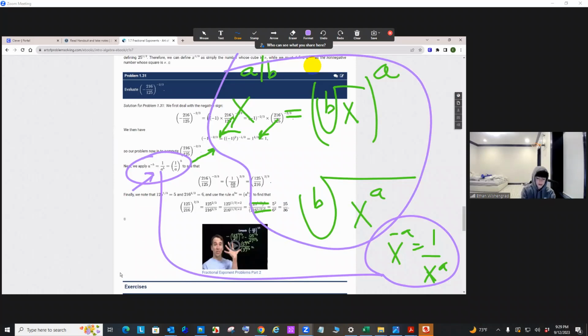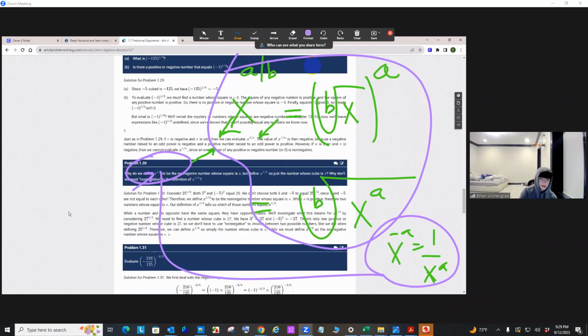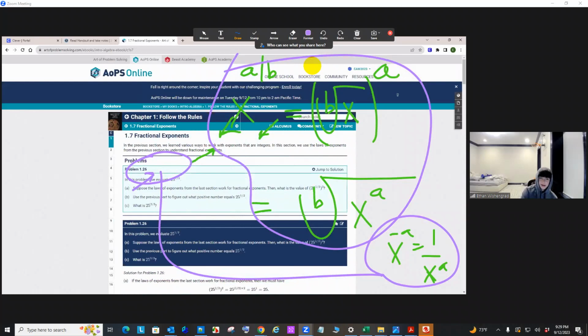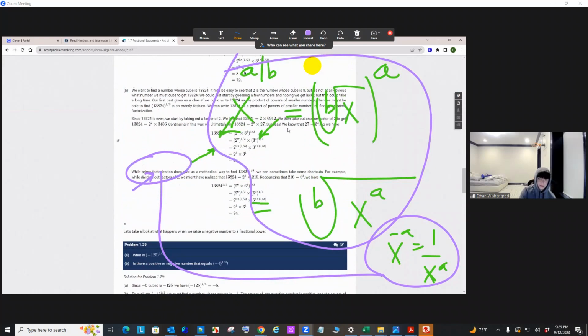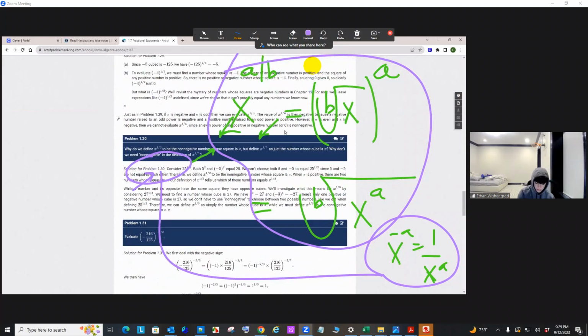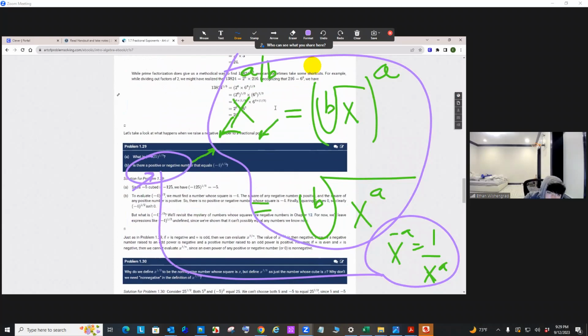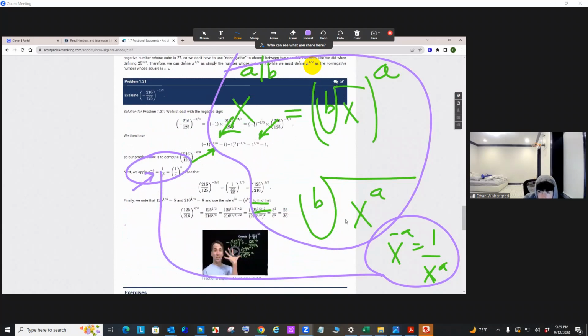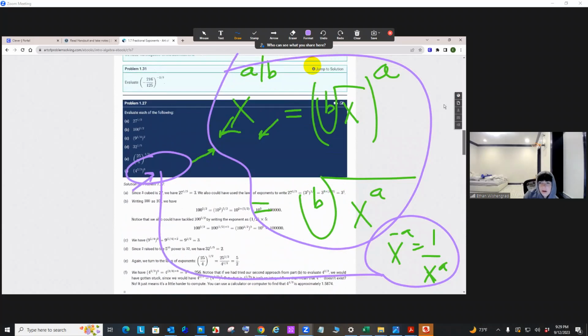What chapter is this again? 1.7, I think. 1.7, the fractional exponents. So nowhere do they actually give you the exponent rules, even in the summary, because sometimes they have a summary at the end. Oh, the radicals. If you go ahead to 1.8, then you're showing radicals.